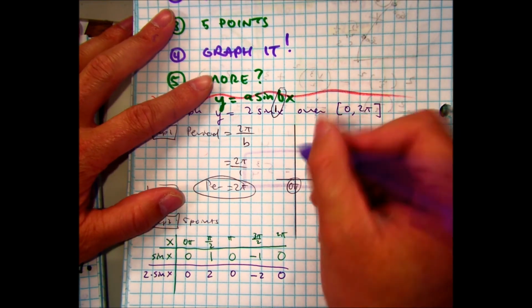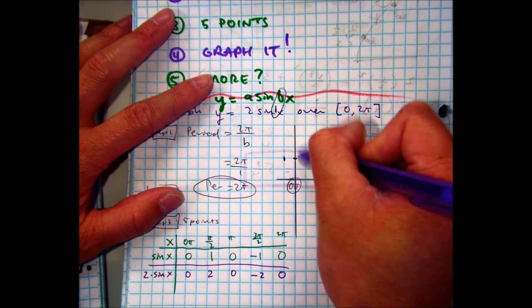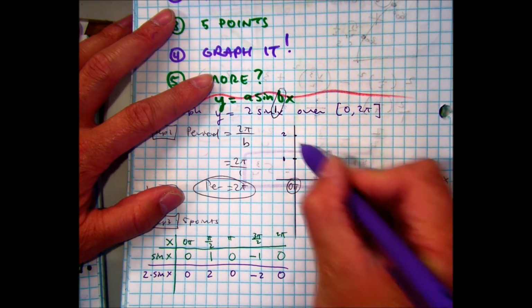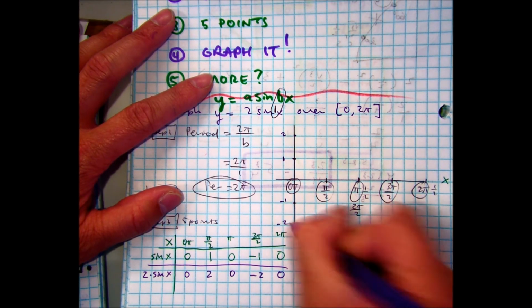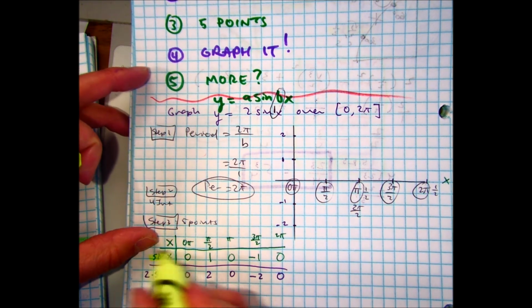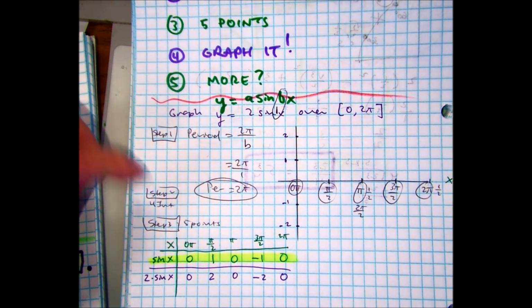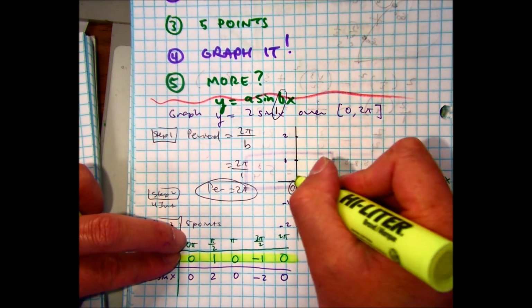Now on my graph, it's nice if you have graph paper. If you don't, you're looking for evenly spaced increments. So negative 1, negative 2. And I want to graph the parent function first. So here's the parent function at 0 pi, 0.